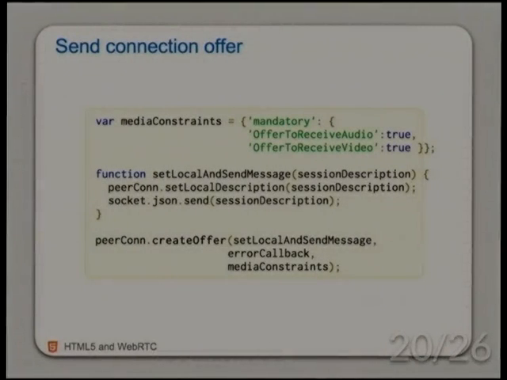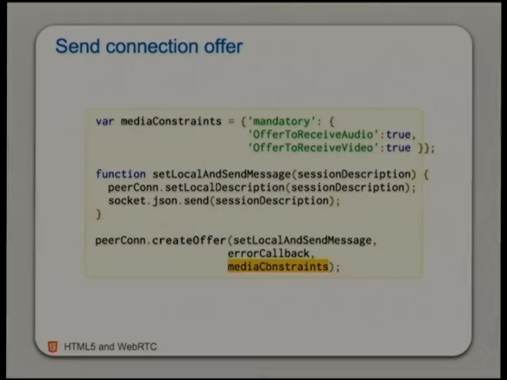Right, so we've done all the setup. The next thing is, of course, we'll send our connection offer. What we do is we want to get both the audio and video. So we've got to create this thing called media constraints, which goes into the peer connection's create offer function.